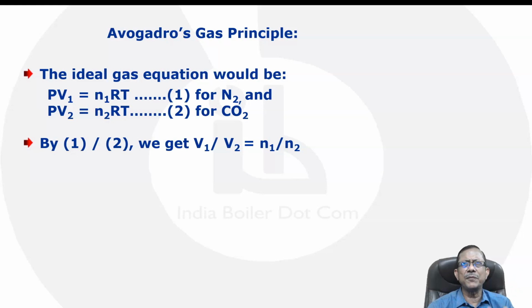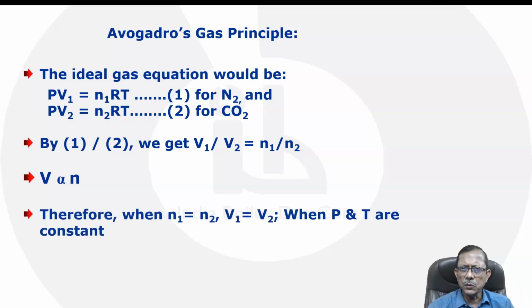So V1 by V2 is equal to N1 by N2. That means the volume is proportional to the number of kilomoles or number of molecules. That is what Avogadro's gas principle says: if N1 is equal to N2, then V1 will be equal to V2.